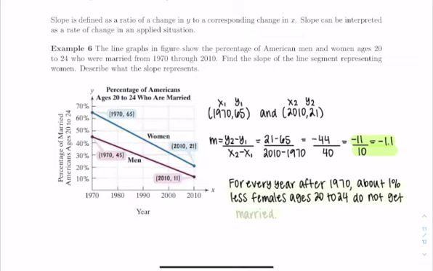So there was a decrease in the amount of marriages, about 1% less every year.